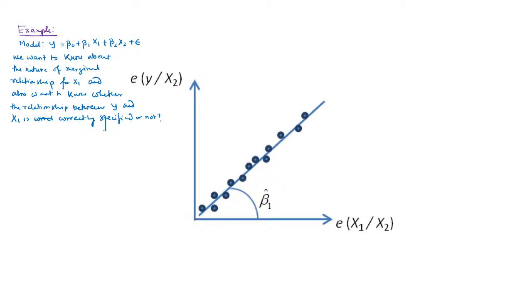So to obtain the partial regression plot, first we regress y on x2 and obtain the fitted values and residuals.